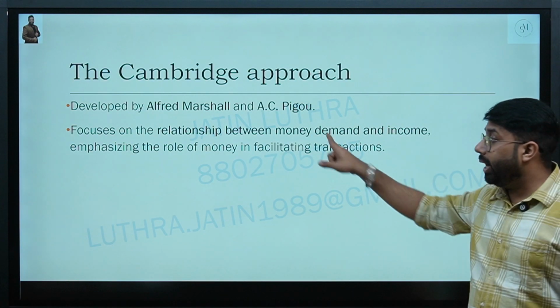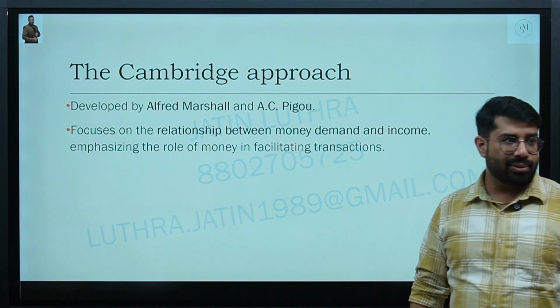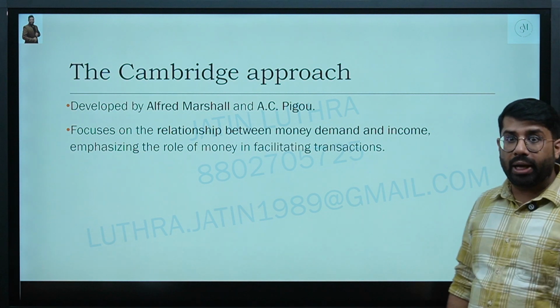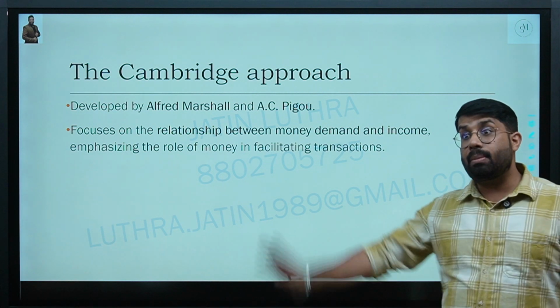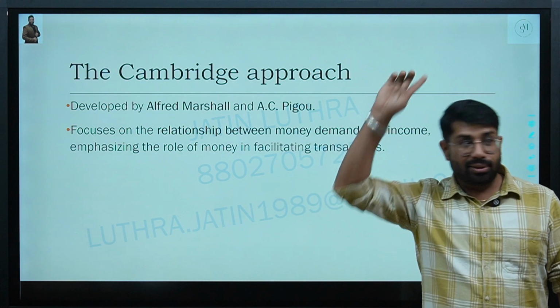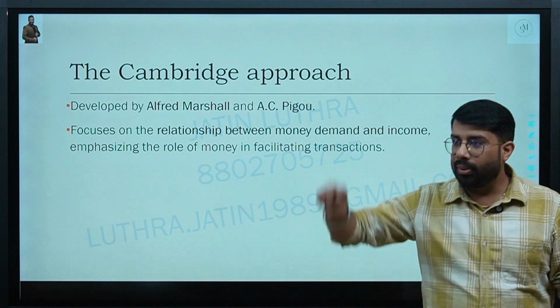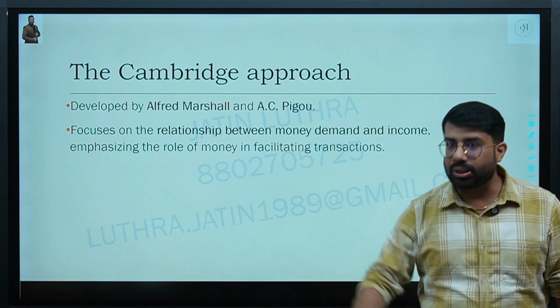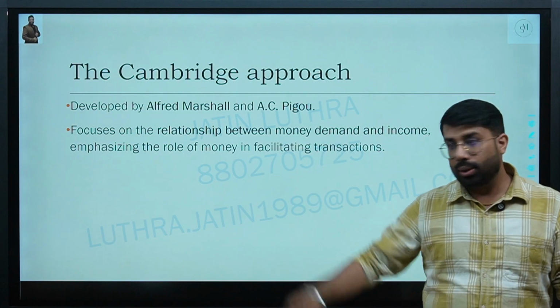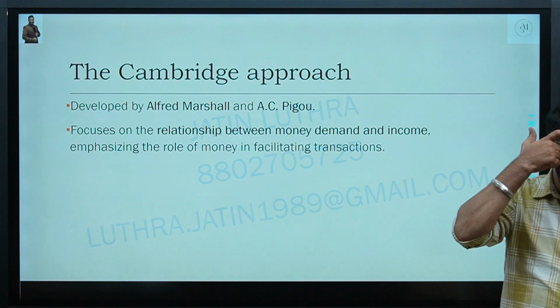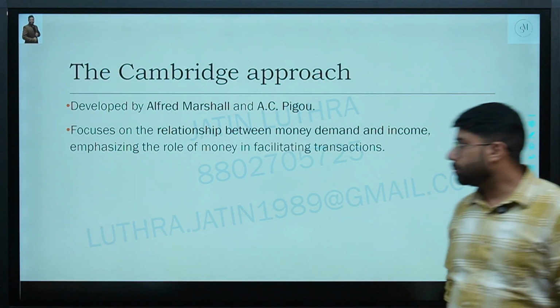QTM was relating money demand with price, and the classical approach relates money demand with the 4 factors you remember affecting money demand: income, price, rate of interest, and financial innovations. Price was in the classical approach. Now it is income. Are you clear?